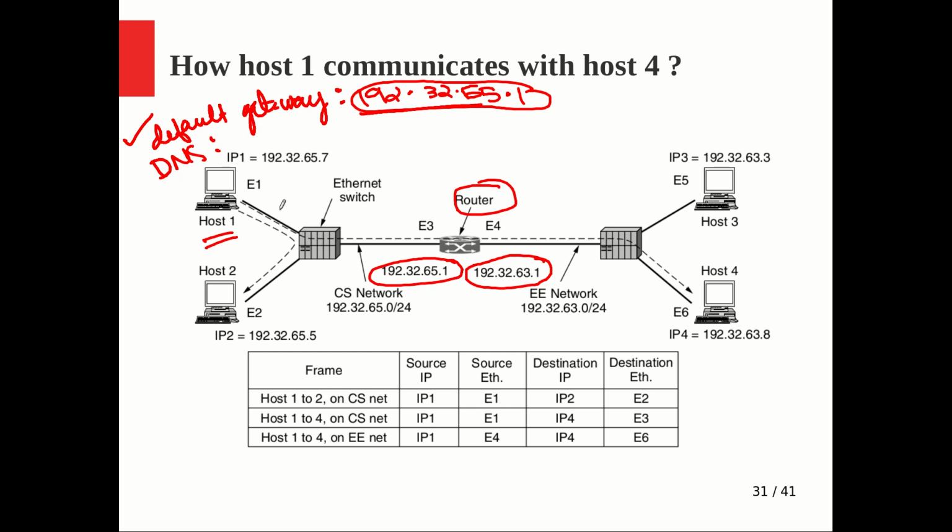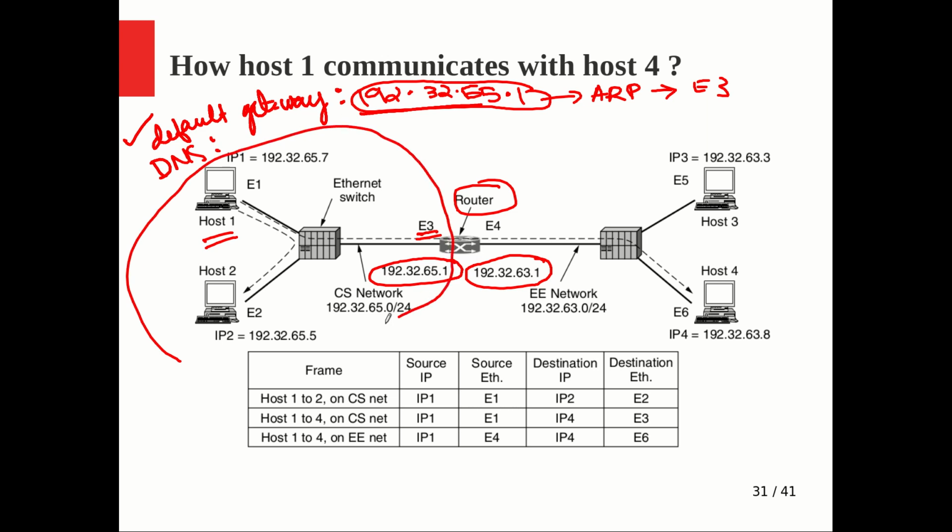But to transfer it through the switch, it has to know the MAC address E3. That is a difficulty. So this default gateway address will be given to the ARP protocol, which is supposed to return E3. It will create an ARP request packet that will be broadcast to the entire network.